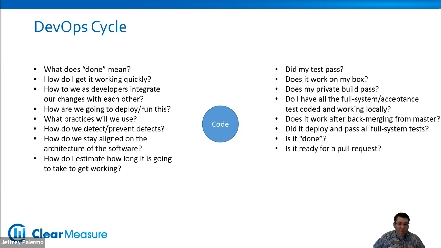And then we run the private build, and maybe we do an interim commit. That's a cycle. And then we're integrating with our team's code. That's another cycle. And then finally, okay, is it ready for a pull request? Now I think I'm done with this particular feature that I've implemented, or part of a feature, and it's ready for a pull request so that it can be yielded back up to the next layer up.